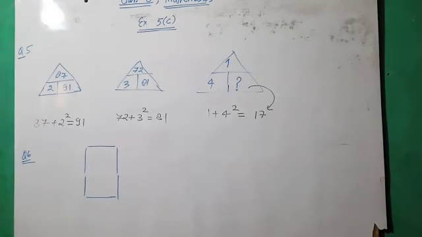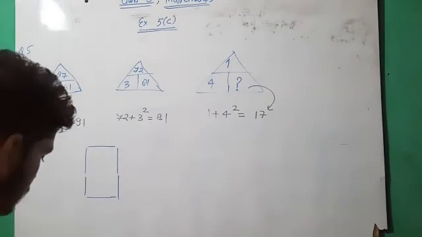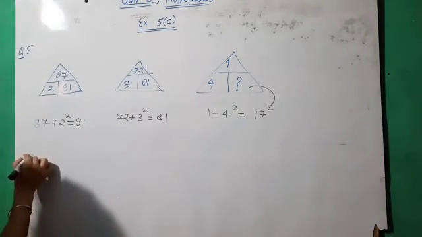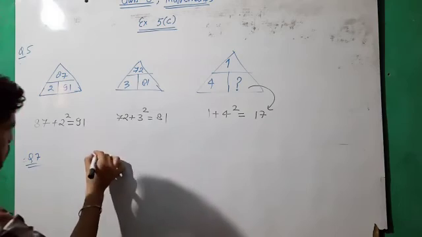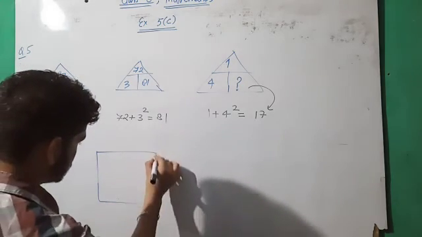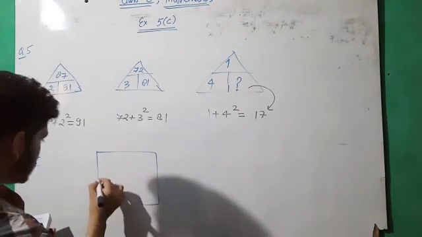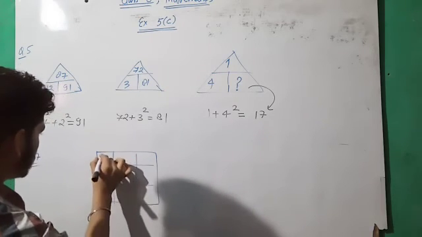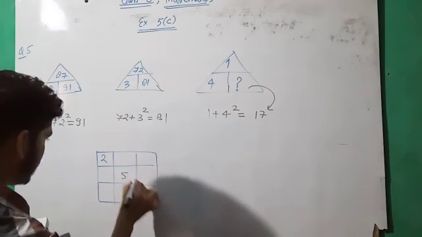Okay, question number 7. Question number 7 is very simple. Logic based square. 2, 5, 8.